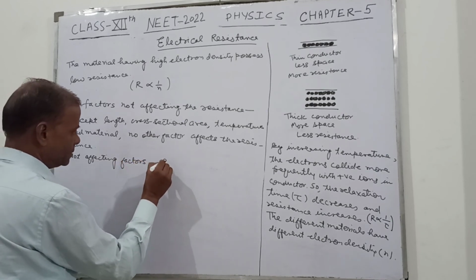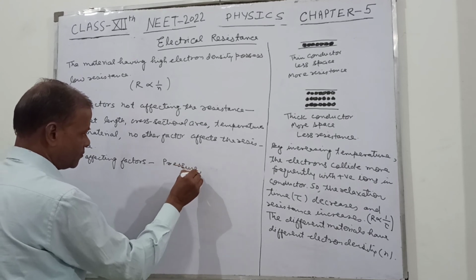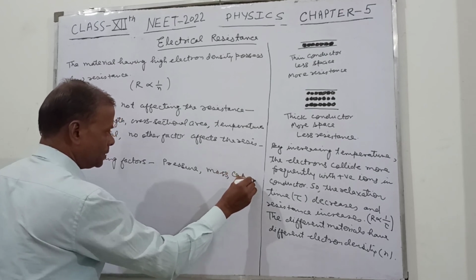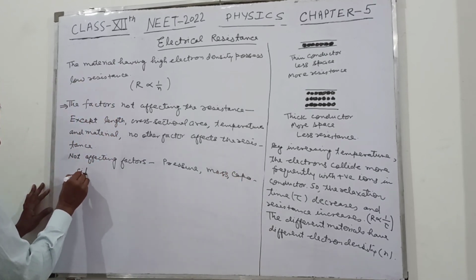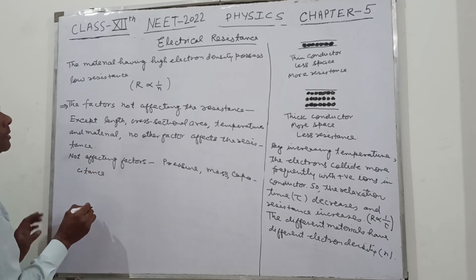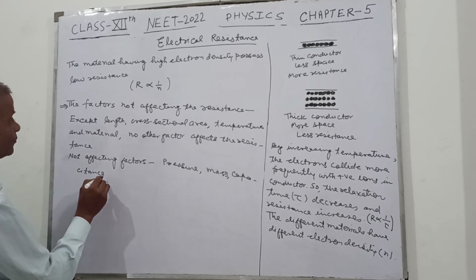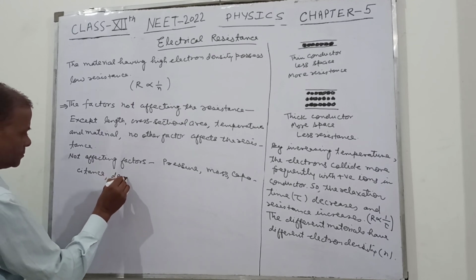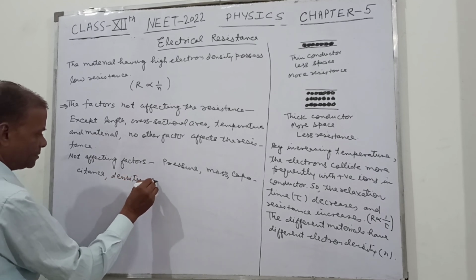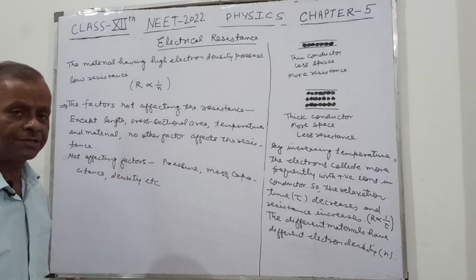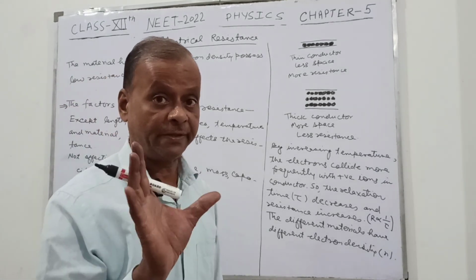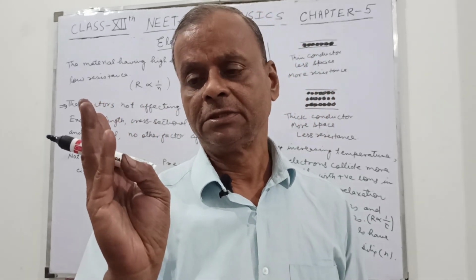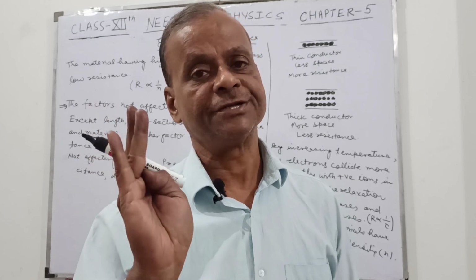The factors that do not affect the resistance are pressure, mass, capacitance, density, etc. So there are only 4 factors to remember: length, area of cross section, material and temperature.